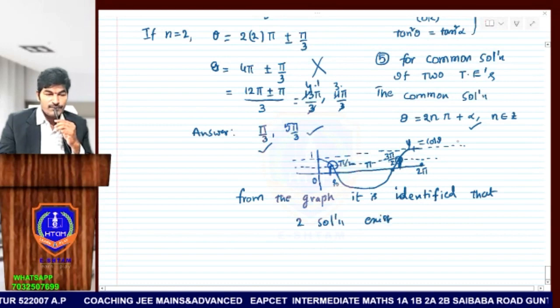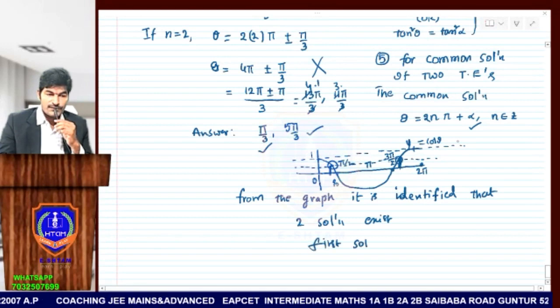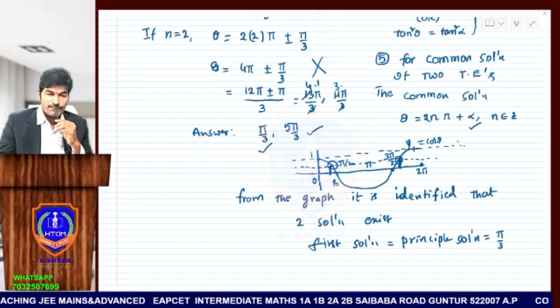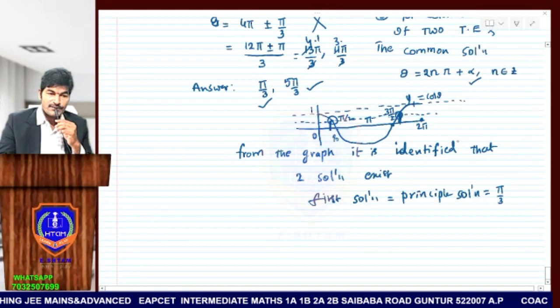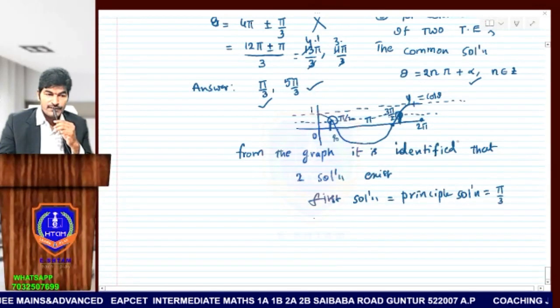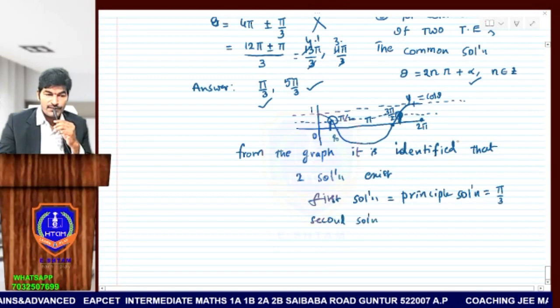The first solution is the principal solution or principal value, that is pi by 3. And the next solution is below 2 pi. You can get it from the graph. Look at how I am solving the equation without formulas.